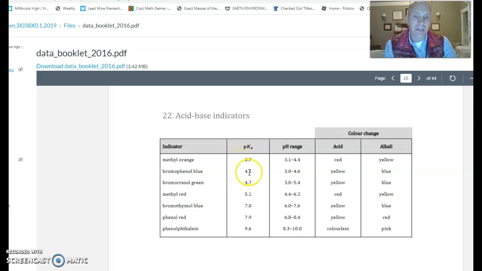Each of these is going to be a weak acid. It's going to have an acid form, but it's also going to have a conjugate base form. Its acid form is going to have one color, and its basic form is going to have a distinctly different color.